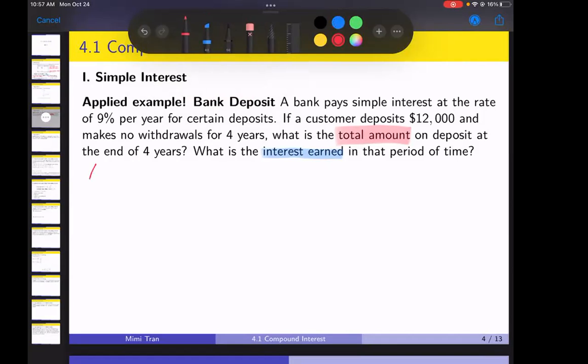For the total amount, you use this formula for accumulated amount. A equals P times the quantity 1 plus RT. What is my principal? Yeah, 12,000 Rand. Principal is how much you have initially. 1 plus the rate, which is 0.09.